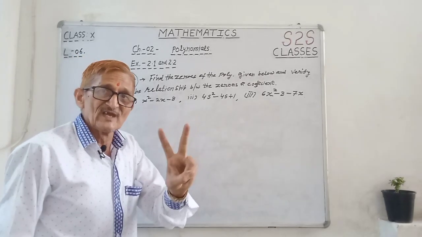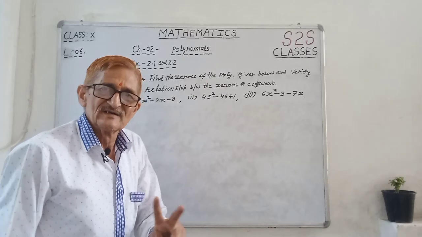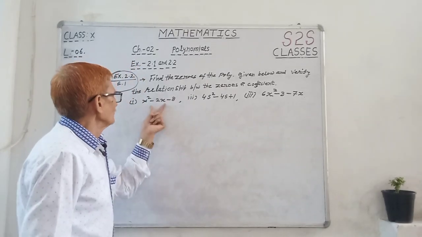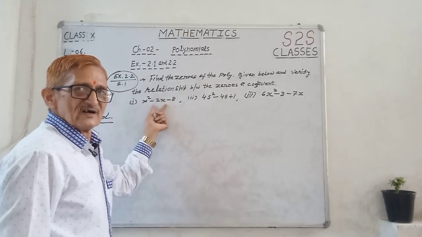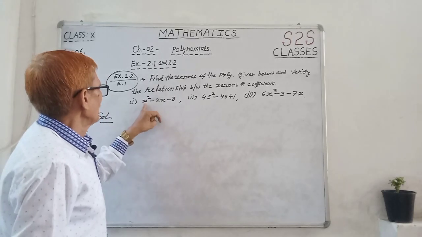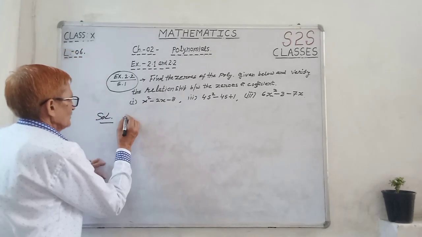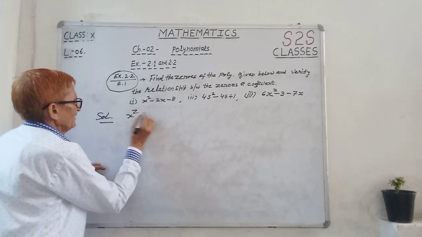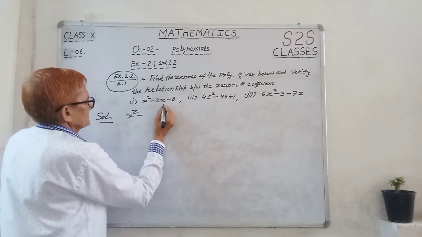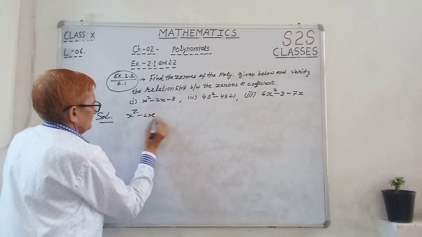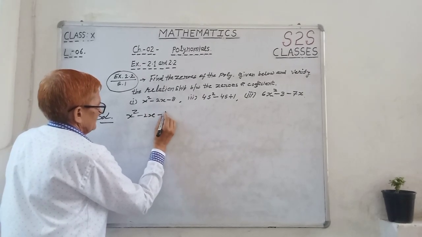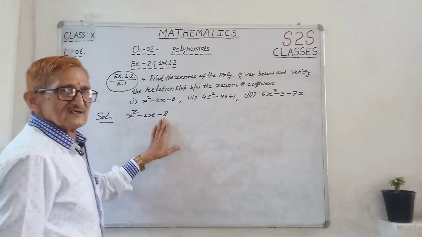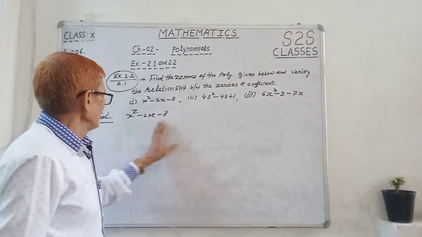Divide it into two parts whose sum is -2x. So we have to see the coefficient. Here x square minus 2x minus 8. The method is a into c, multiply.